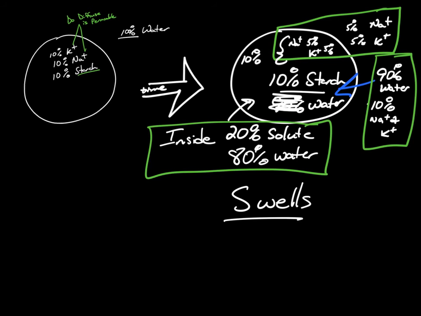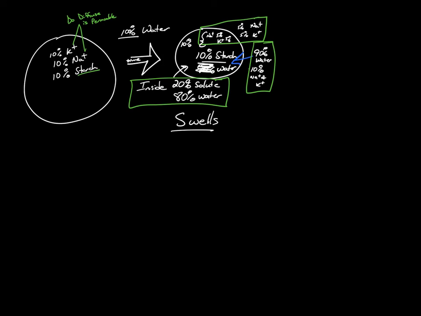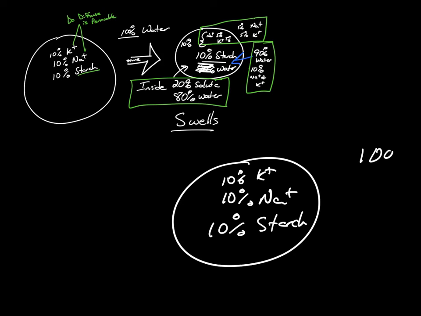Anyways, that's the idea. Hopefully you get that. Again, we can do this much more easily rather than worrying about all that. We could just take a look at this and say it's 10% potassium, 10% sodium, and 10% starch, and 100% water.